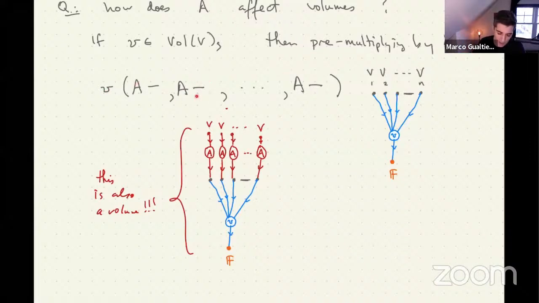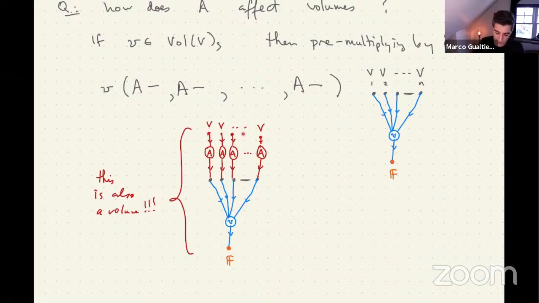If I look at how it depends on one of the arguments, and I put in lambda u plus u prime, then because A is linear, this will just be lambda Au plus Au prime. Now I have something that is lambda times something plus something, and the volume is multilinear, so that comes out. So in the end, because A is linear, and because the volume is linear in this argument, this modified volume is still multilinear.